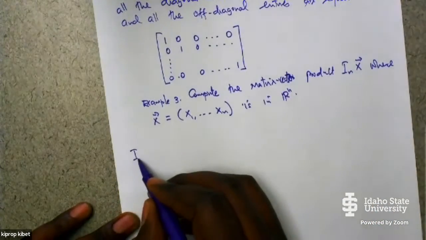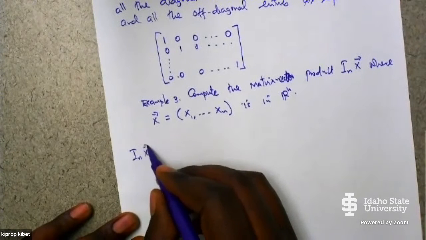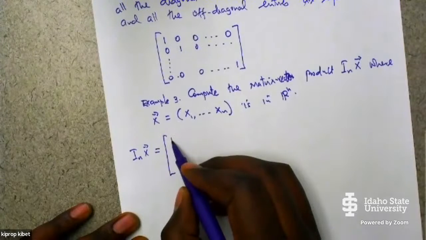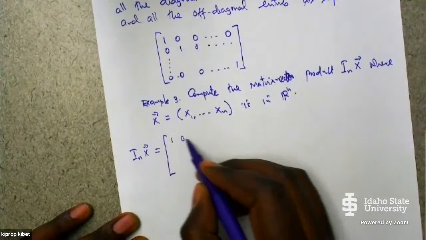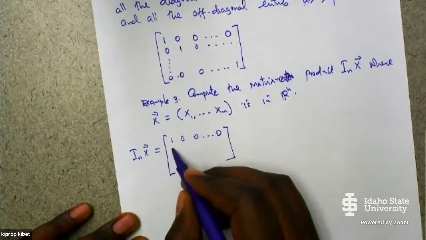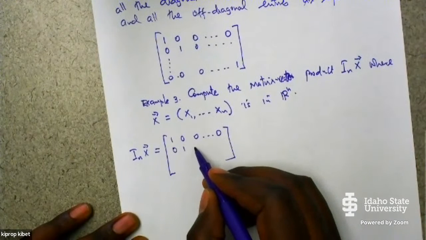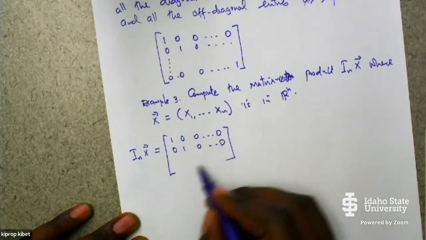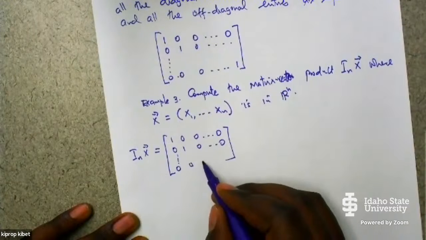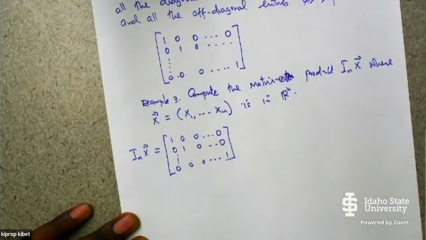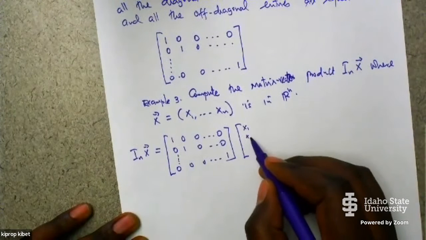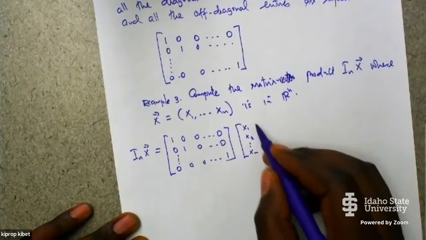If we multiply IN by the vector x, it is similar to taking the matrix with 1, 0, 0, 0, then 0, 1, and so on, with all the others zeros and a 1 at the end, and multiplying this by x1, x2, up to xn.